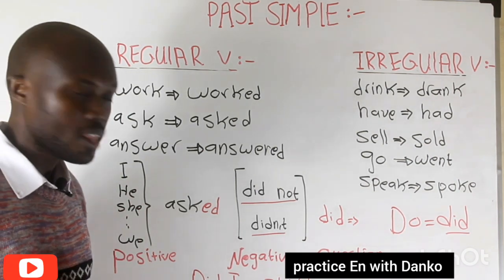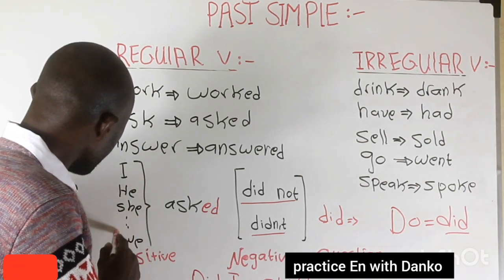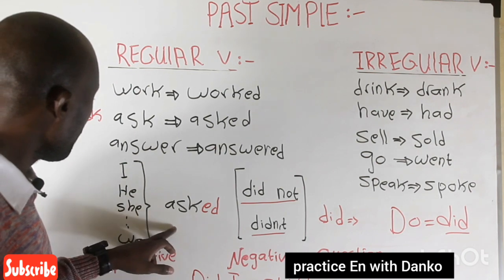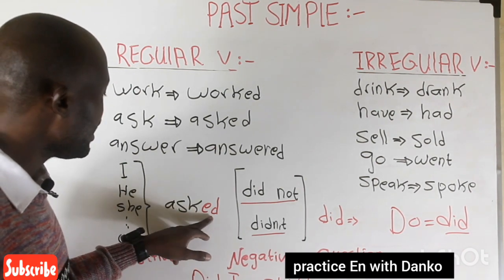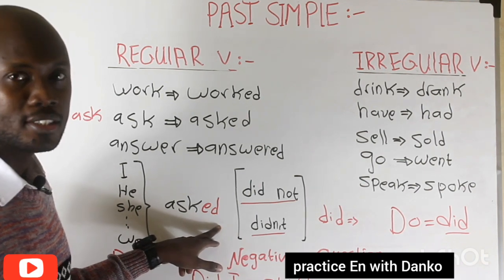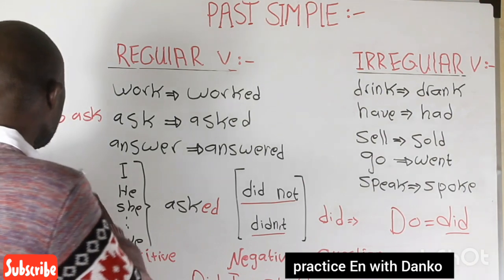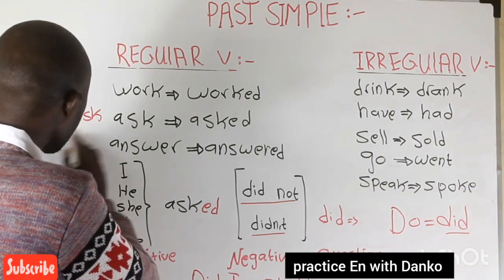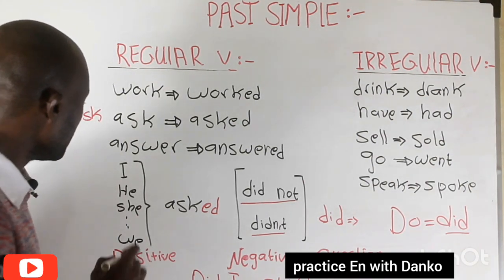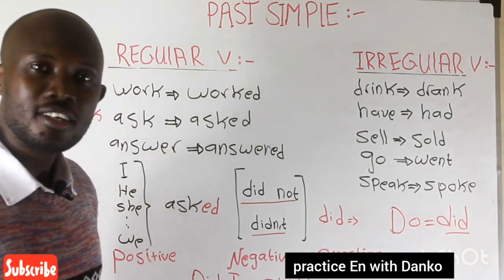Okay, so let me use another explanation for this kind of sentence. Here we have pronouns. Okay, we're going to add ed to the verb to make it past. Okay, ask, let's use the verb to ask. So it becomes I asked.